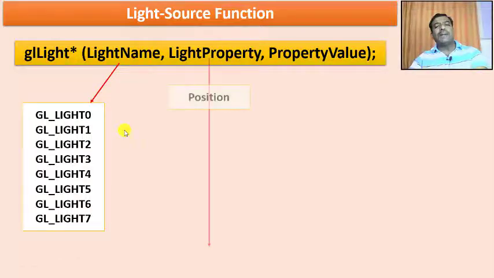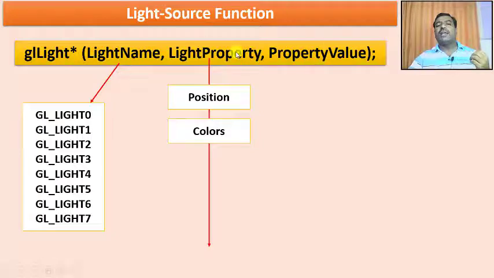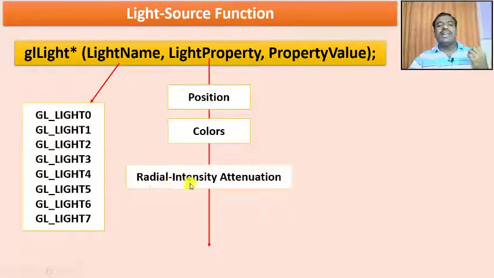Now the second parameter. In the second parameter, I am going to pass a property. If I want, I can position a light wherever I want in the scene, and I can choose what color the light is going to emit, or what intensity the light is going to emit, or what type of intensity the light is going to emit, or I can even make the light source a spotlight.